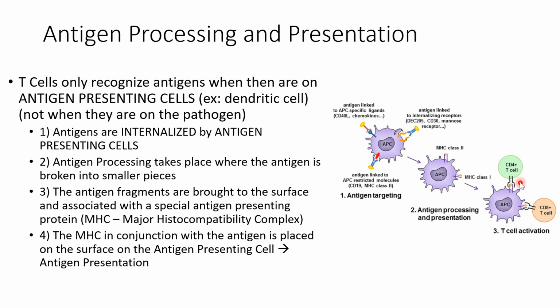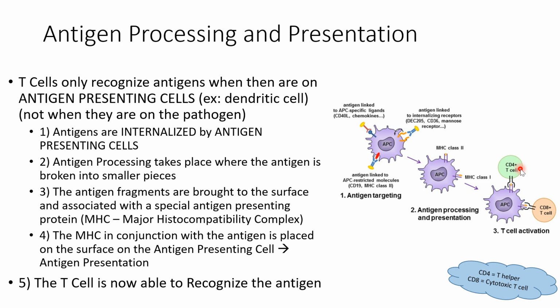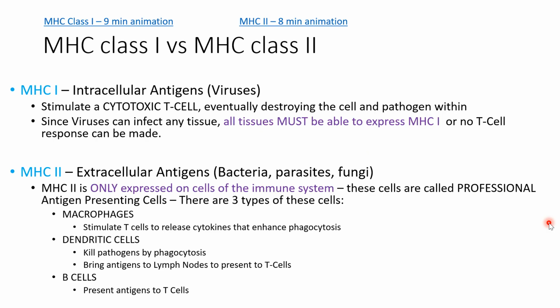So keep in mind the major histocompatibility complex 2 is going to communicate with T helper cells, also known as CD4 cells. The major histocompatibility complex 1 is going to communicate with the cytotoxic T cells or the killer cells, also known as CD8.